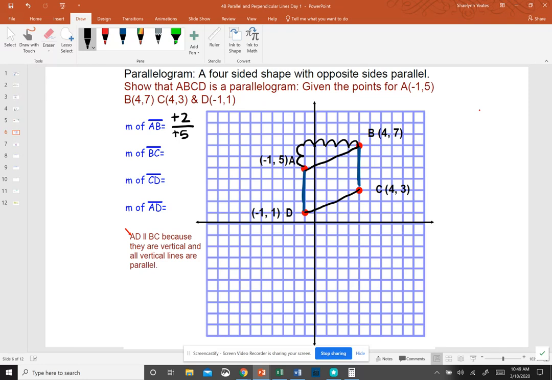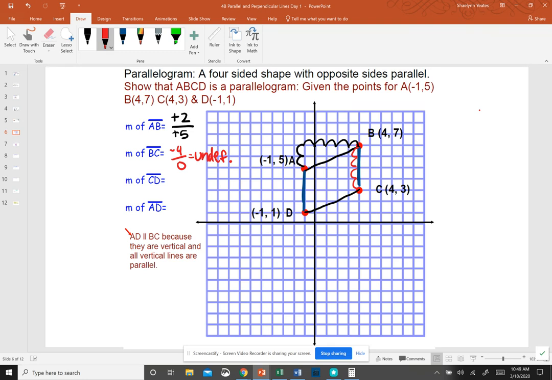Now let's find our slope of BC. So BC is down 1, 2, 3, 4. And then it goes over 0. So this is undefined. And I'm just going to put UNDEF for undefined. Okay.